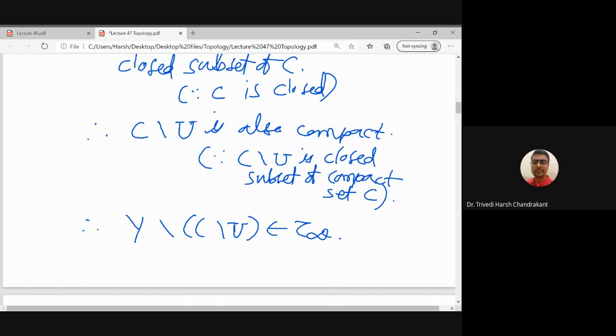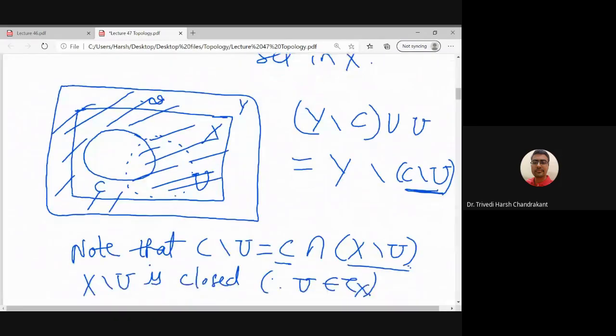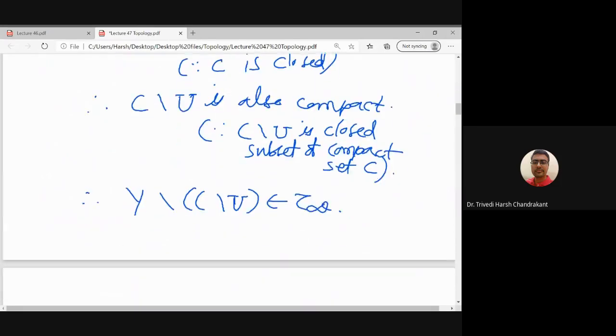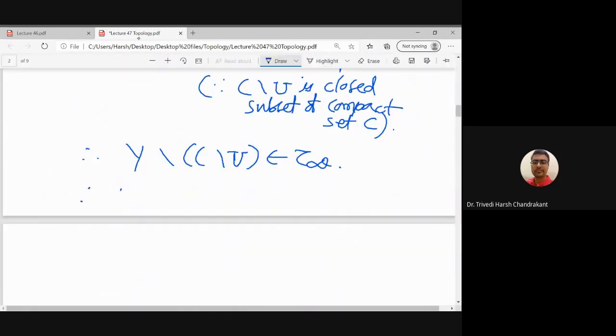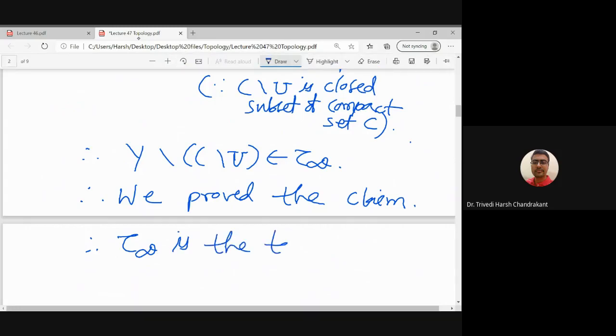So this claim we have proved, that this set Y minus C union U, which is nothing but this particular set, is an element of tau infinity, right? So therefore we prove the claim. So this will finally prove that tau infinity is a topology on Y.